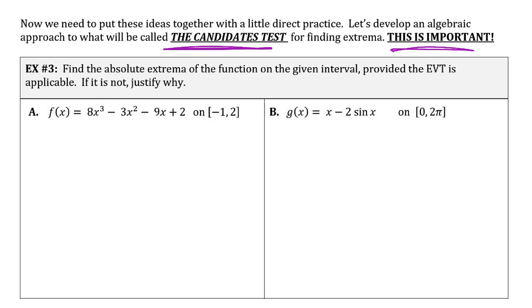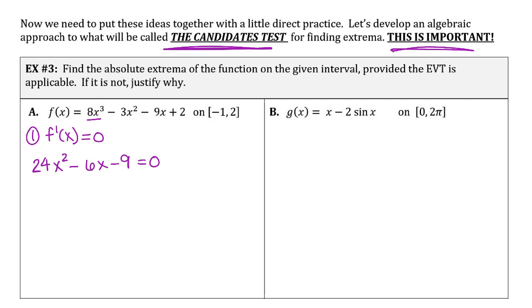So, in other words, we're going to go back to what we stated a few minutes ago in an earlier example. The first thing we're going to do is to find f prime of x, and we're going to set that equal to 0. So f prime of x would be 24x squared minus 6x minus 9, and I'm going to set that equal to 0.